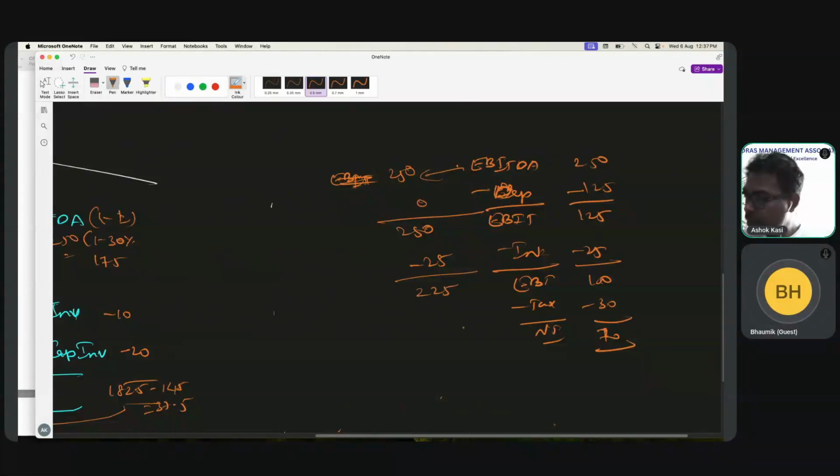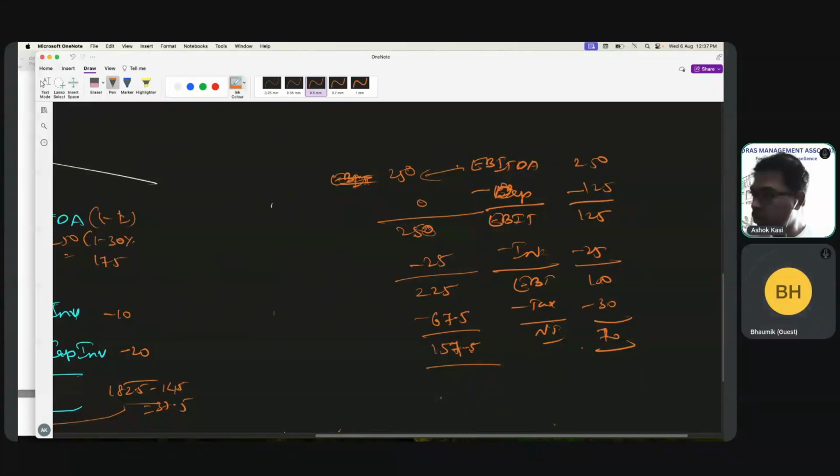Tax, just take 30% of that 225: 67.5. So you reduce it: 157.5.